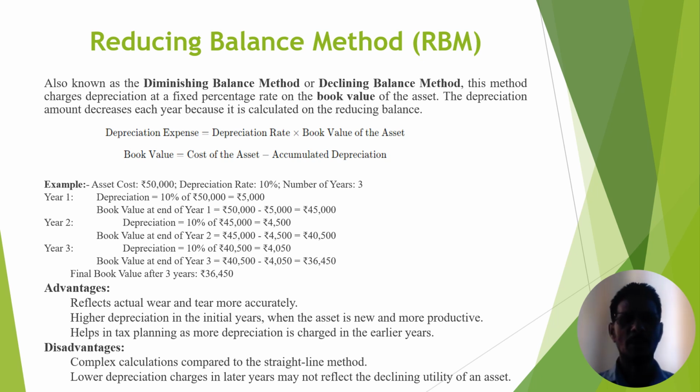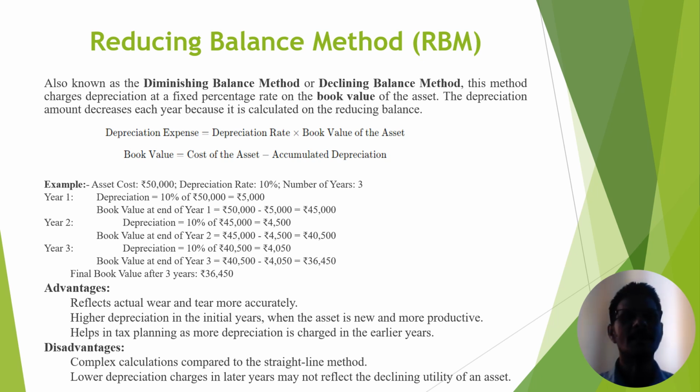So 10% depreciation on 45,000 is 4,500. Now the asset's book value at the end of the second year is 45,000 minus 4,500, which means 40,500. This is the ending book value of the asset.